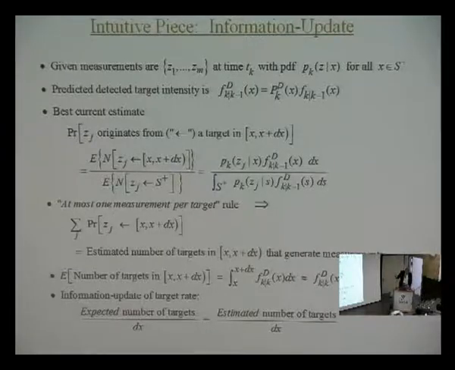It's the expected ratio of expectations. The numerator is p(z). This is a Poisson process, so it's the integral over the infinitesimal. The integral over the infinitesimal is just dx. That's easy. And you just evaluate p(z|x) times the predicted density. The denominator is the integral over the entire state space of the same quantity.